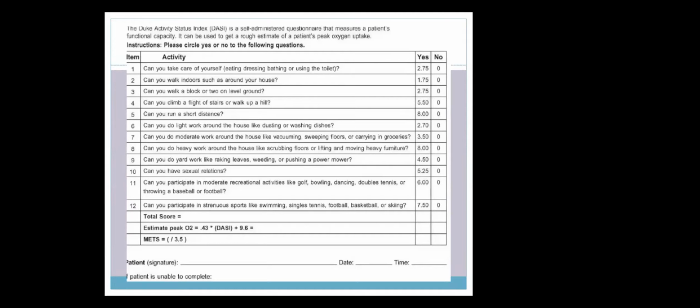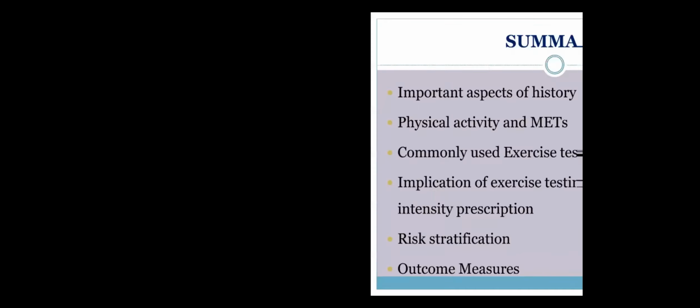By the given equation, you will have some estimated peak VO2 measure, and with that you can calculate the MET value for that patient. It will not be as reliable as stress testing, but it can still be an approximate measure of the MET value.